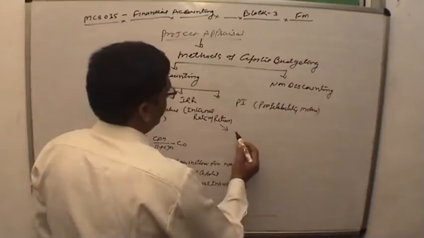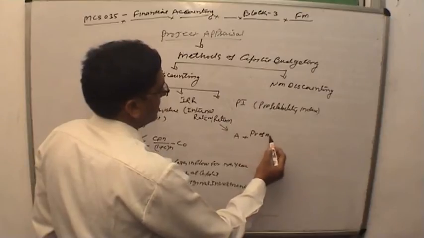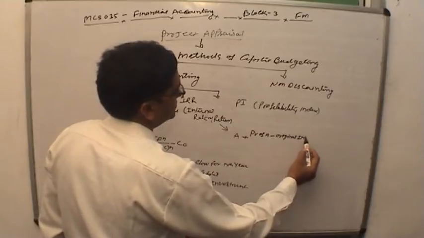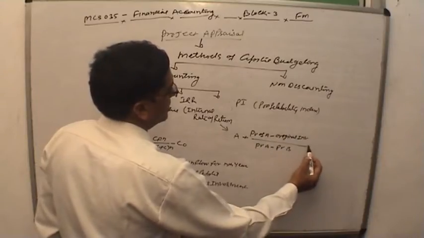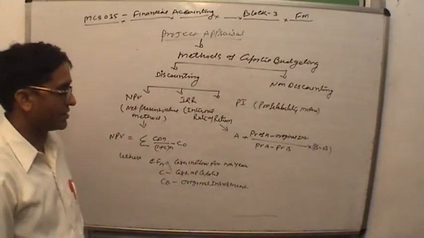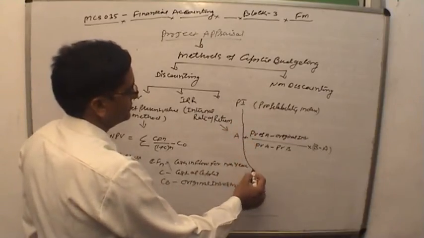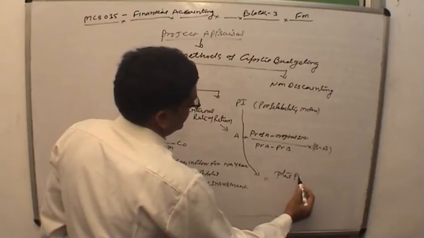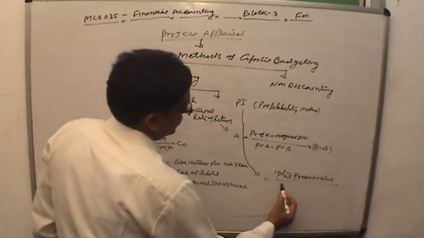So the formula is A, the first trial, plus present value of A minus original investment, divided by present value of A minus present value of B, multiplied by B minus A. And PI equals total present value divided by total investment.